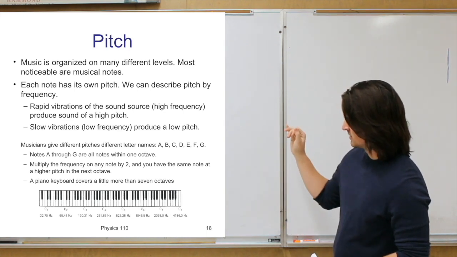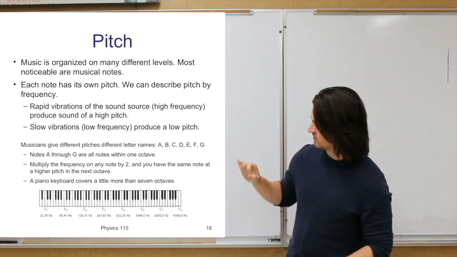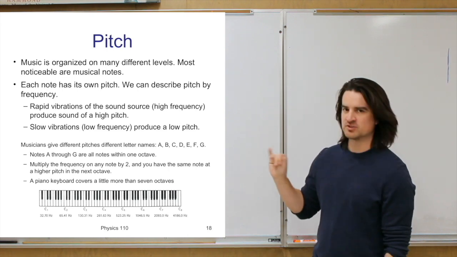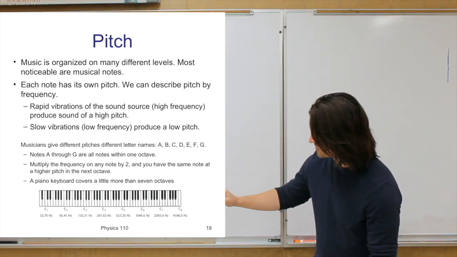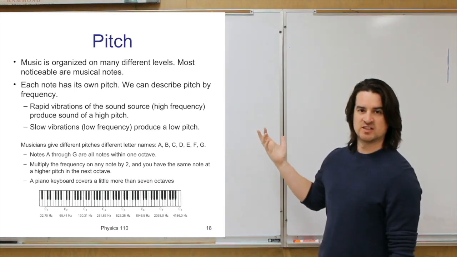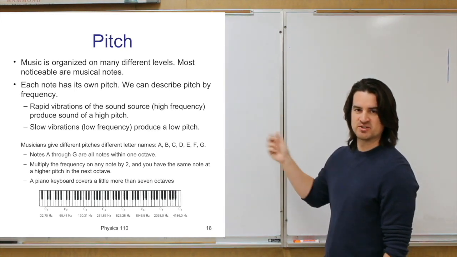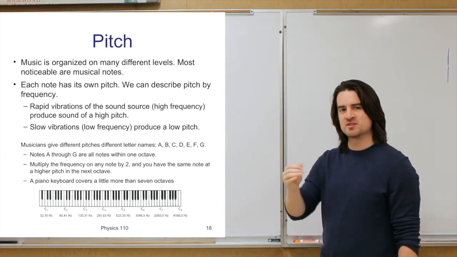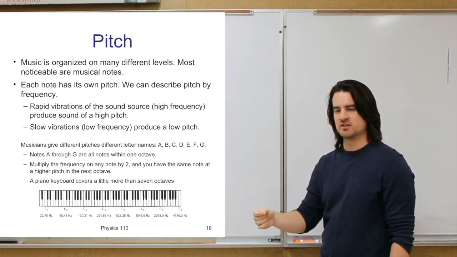So for instance, the fundamental C note is a frequency of about 32 hertz. And obviously I'm not very familiar with music because I don't know how the other notes relate to that. But each of those other notes has a particular frequency that it's associated with.